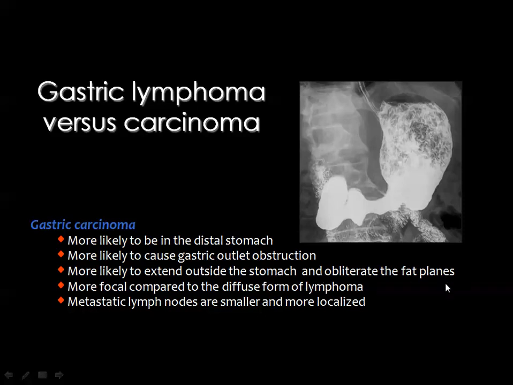Carcinoma is more focal, whereas lymphoma is more diffuse. The metastatic nodes of gastric cancer are usually small and necrotic, but lymphoma nodes are usually bulky, homogeneously enhanced, and do not contain areas of necrosis.